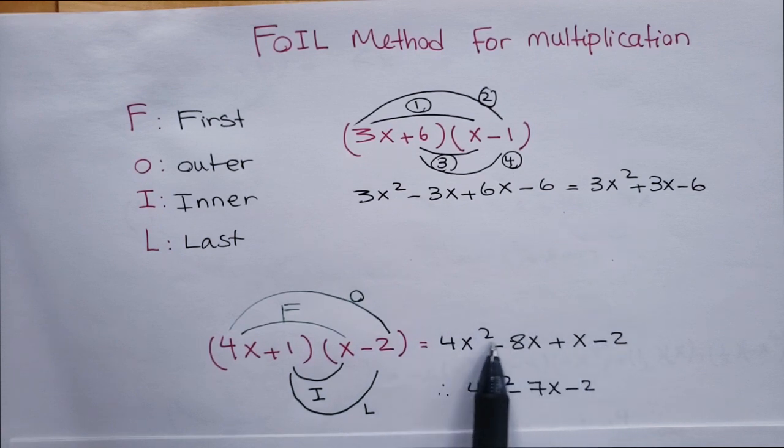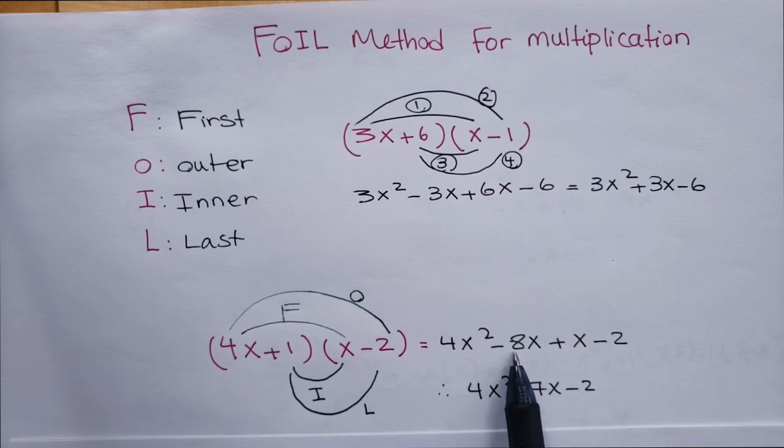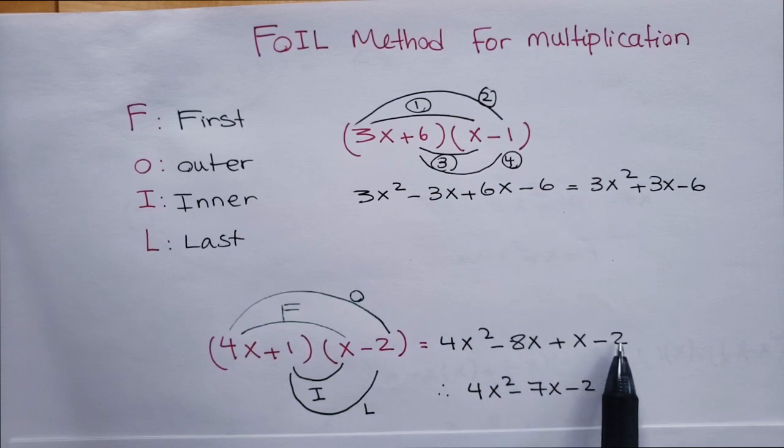After this, you have to simplify, and I always prefer to rearrange it from the largest or biggest power to the lowest. So here, 4x squared, then we have x terms with different coefficients. So -8 plus 1, -7x, and then the constant, it's -2.